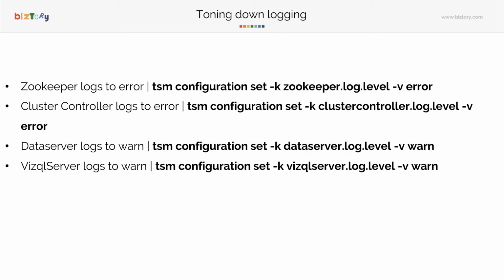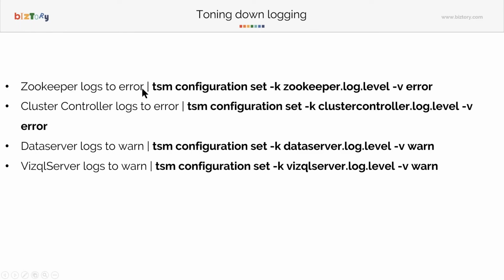And the Zookeeper logs, which is the coordination service, you're basically getting constant messages of so-and-so process started, so-and-so process shut down, all that logs. Cluster controller, which only happens if you have multiple nodes. So in that case, it's constantly sending a message pinging node 2. Node 2 is available, pinging node 3. Node 3 is available. It's just constantly creating these logs, which you can set up a schedule to clean, but we like to just set that down to error.